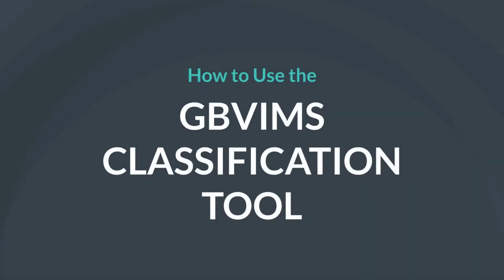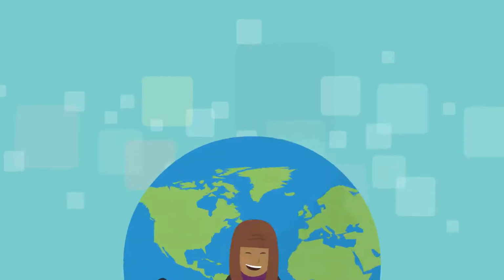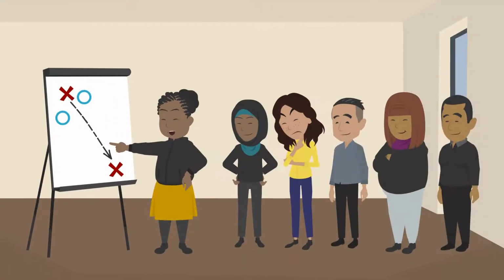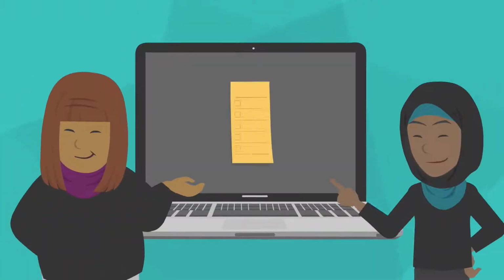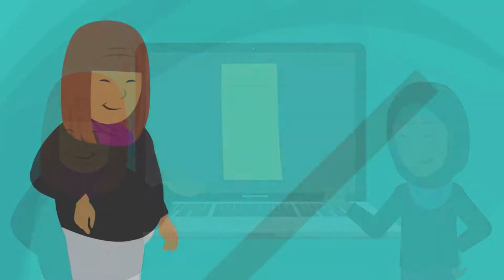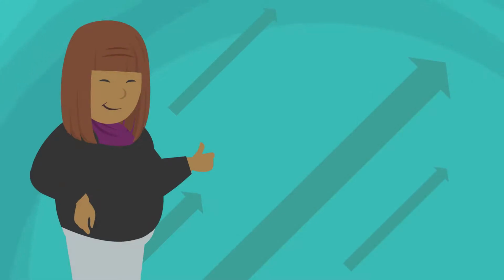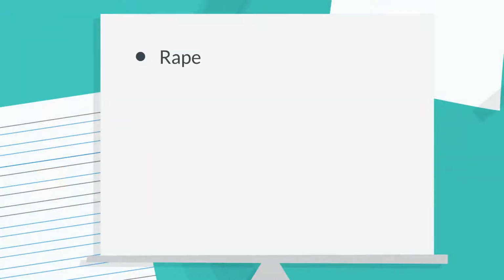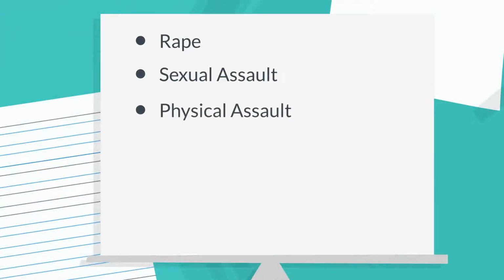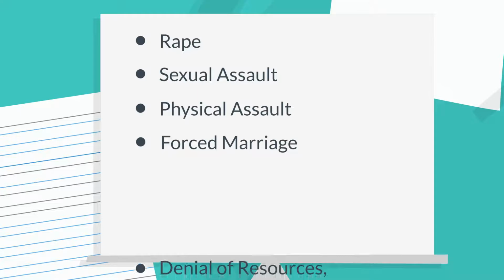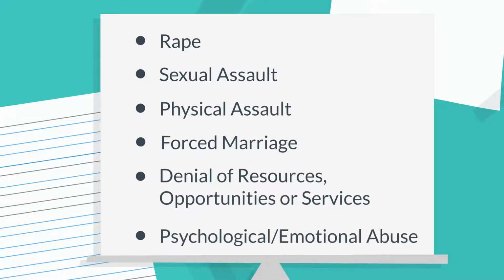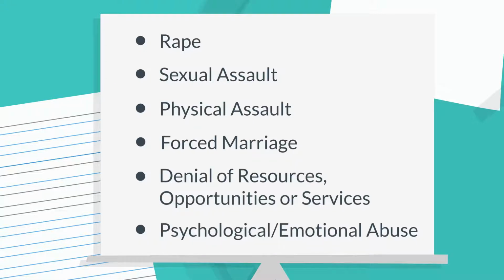To ensure valid and statistically comparable data, all those using the GBVIMS must use the same approach to determine how to classify a given incident. The types of GBV included in the classification tool are listed from most specific to the broadest to ensure statistically comparable data, and these are rape, sexual assault, physical assault, forced marriage, denial of resources, opportunities, or services, and psychological and/or emotional abuse.